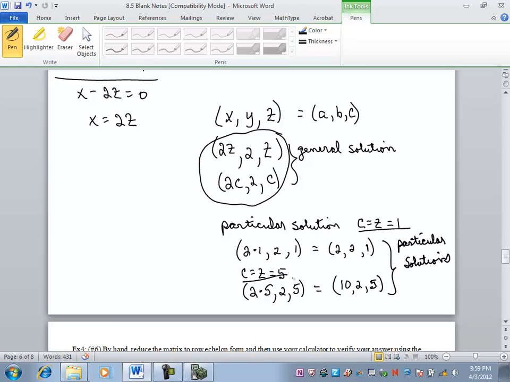You see, this system has an infinite number of solutions, but they're all of the form where y is going to be 2 and the x-coordinate is going to be double the z-coordinate. Or another way to say that, the z-coordinate is going to be half of the x-coordinate, whichever way we choose to think about it.